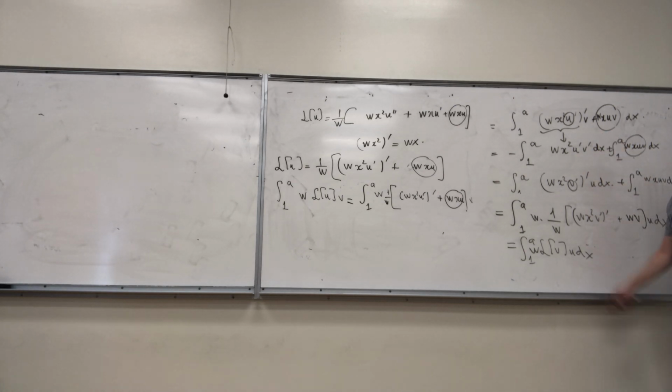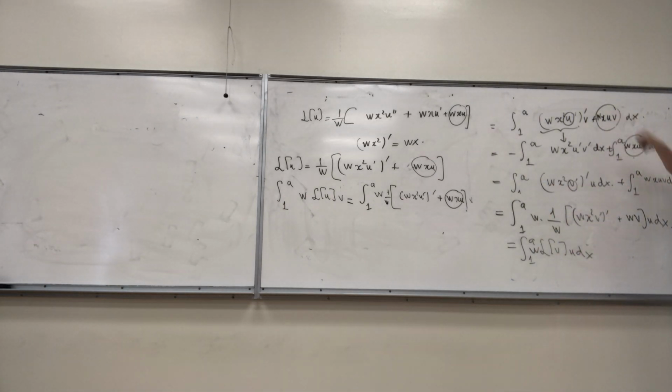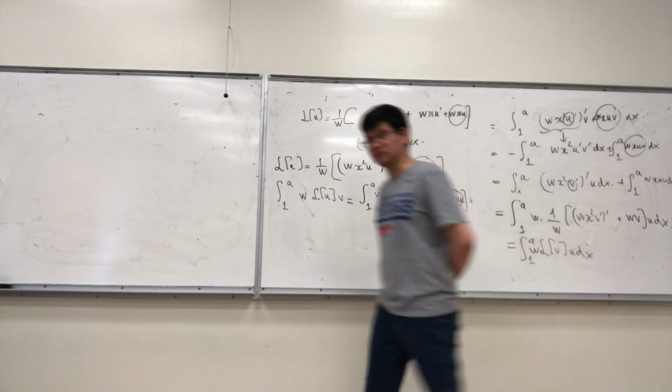This is zero, right? From here to here is the computation that we did previously. From here to here, you do integration by parts, and there's a boundary term which is zero. Here you don't do integration by parts, and this is the good thing. This is why you add this term there, and it stays the same until the end. This is why the operator is still self-adjoint.